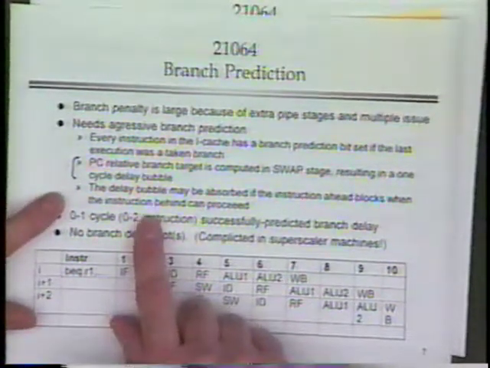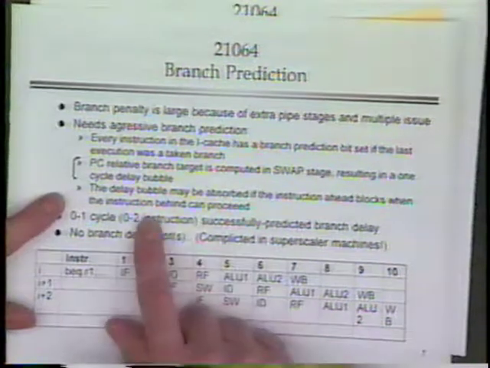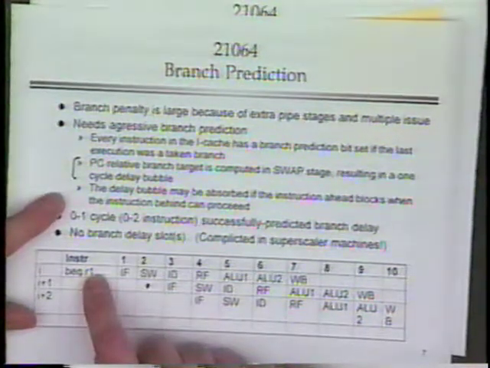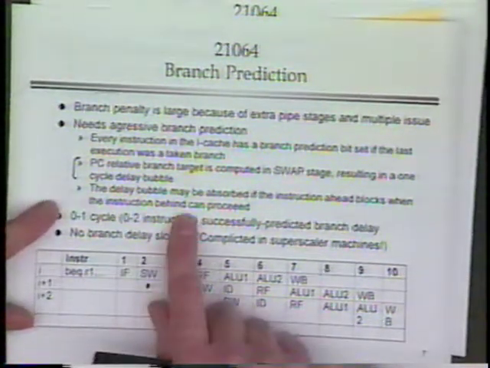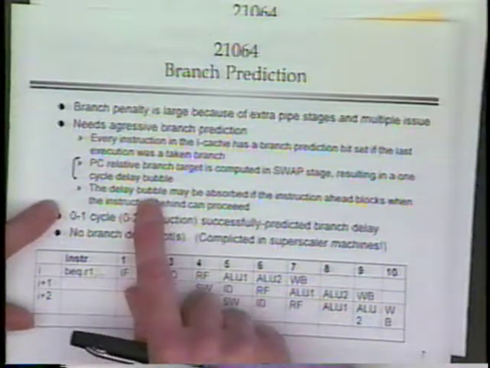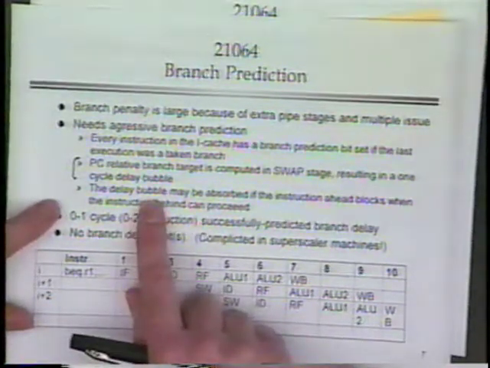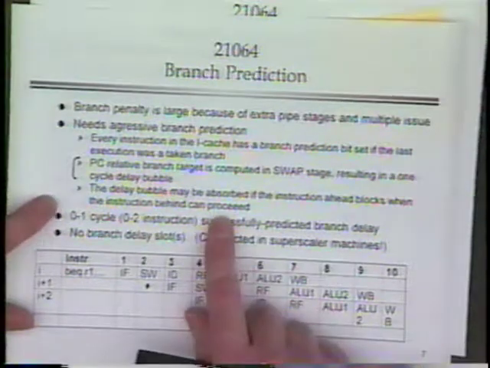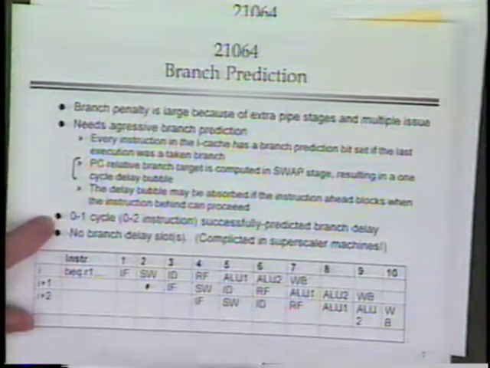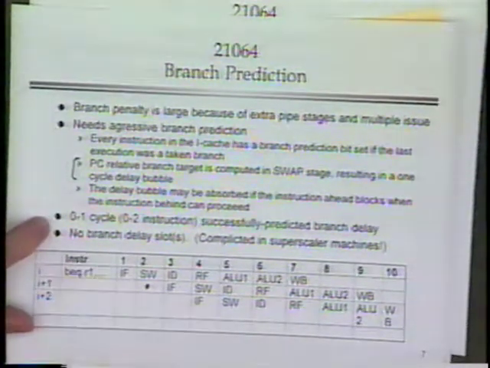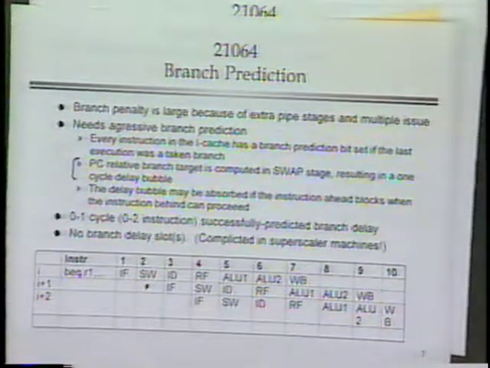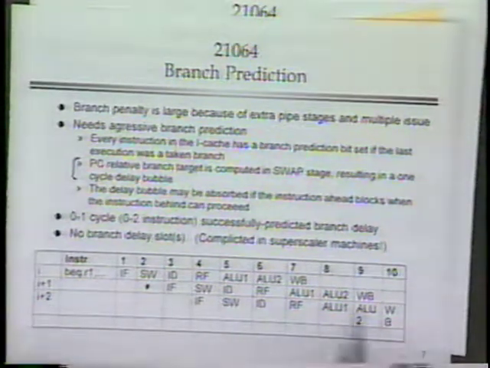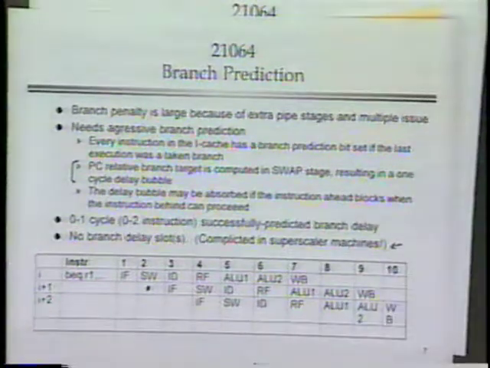It's the kind of thing that we didn't do in the DLX pipeline, but delay bubbles can basically be a no-op instruction, and that no-op can be overtaken by an instruction behind it that can proceed. So it could in fact be a 0-cycle penalty. And as I mentioned before, the 21064 doesn't have branch delay cycles because in superscalar machines they're a nightmare.